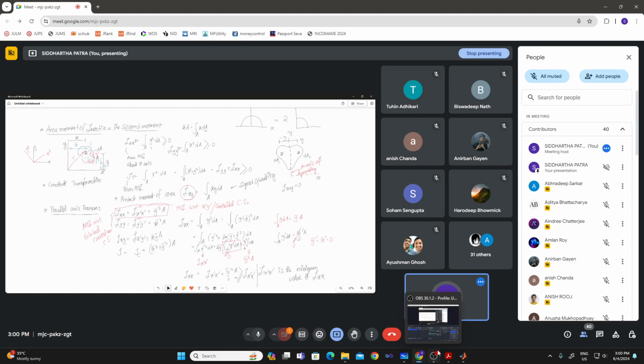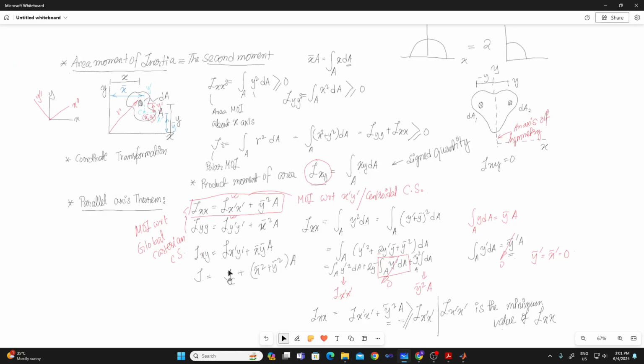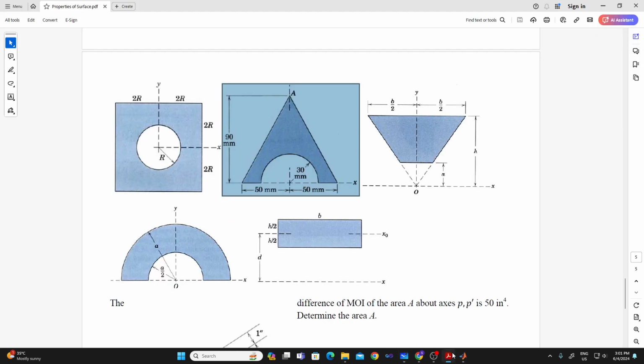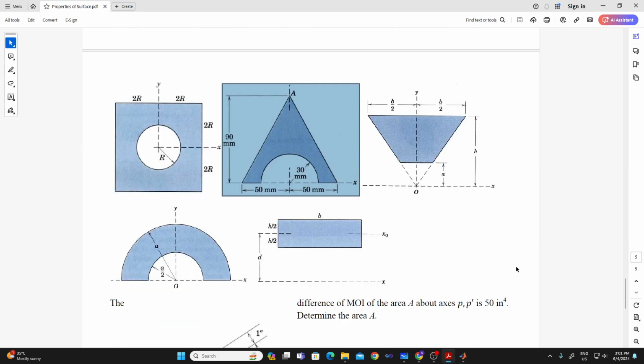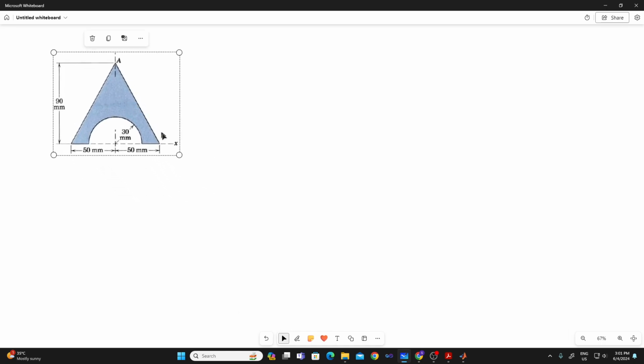Okay, so let's try to solve some of the problems. Is this diagram visible to all of you?